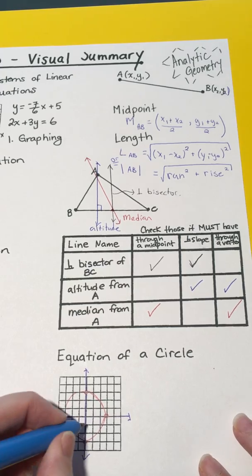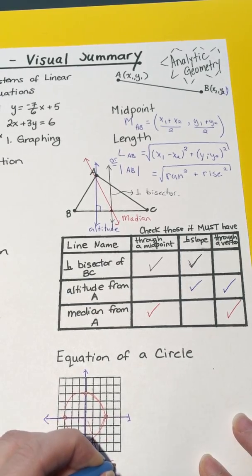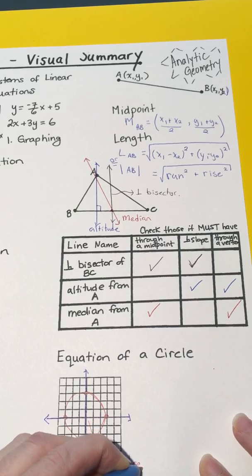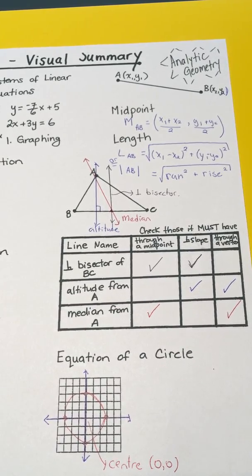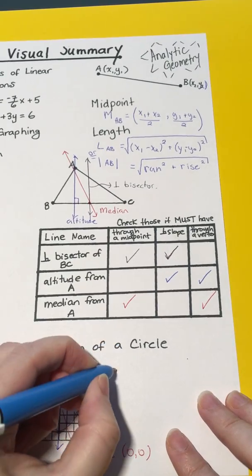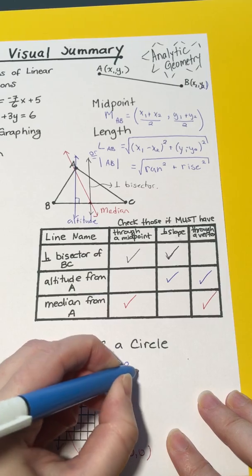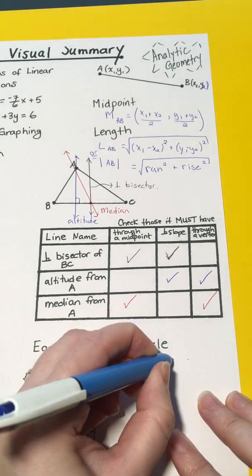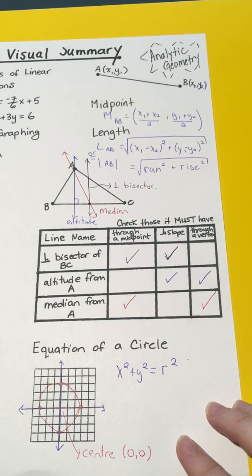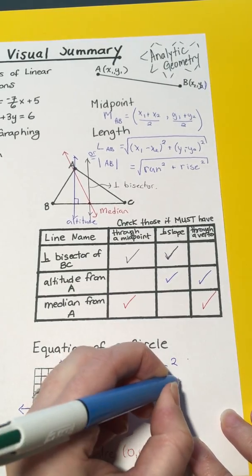Okay, so the center for this guy is at 0, 0. And remember, the equation of the circle is just x squared plus y squared equals the radius squared.